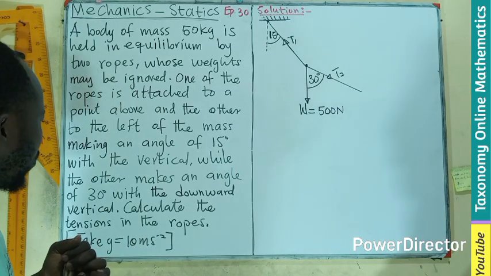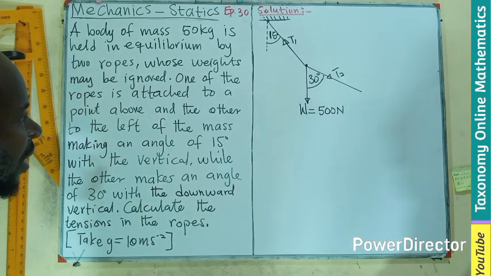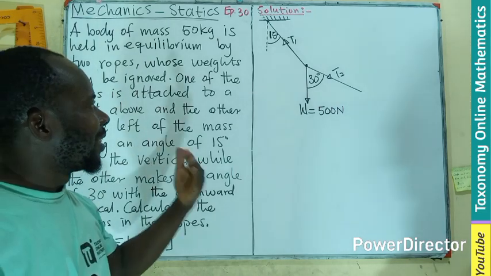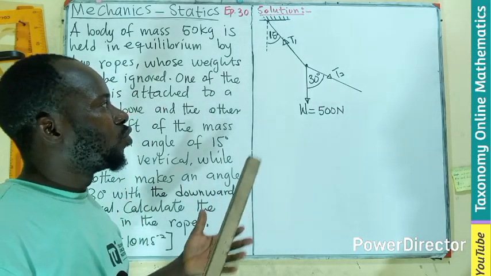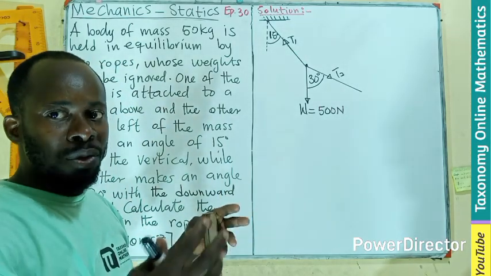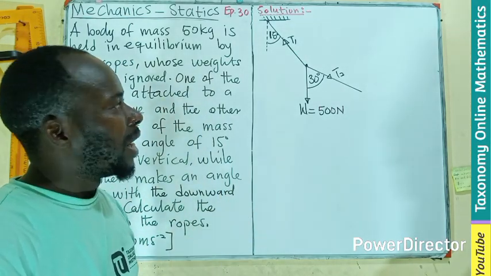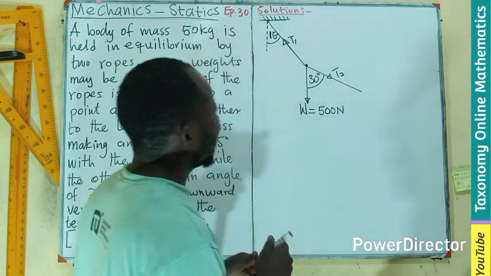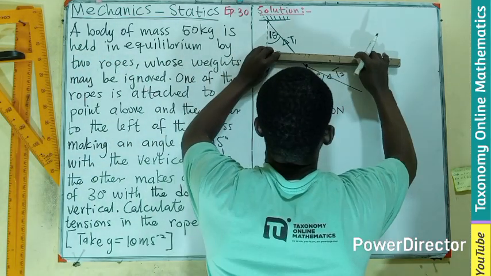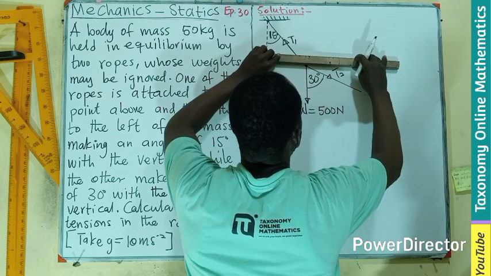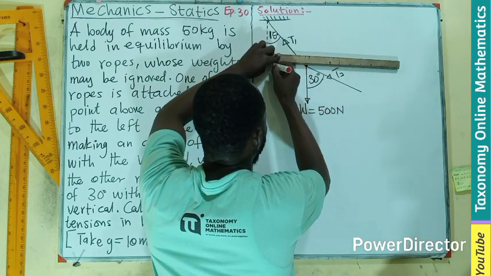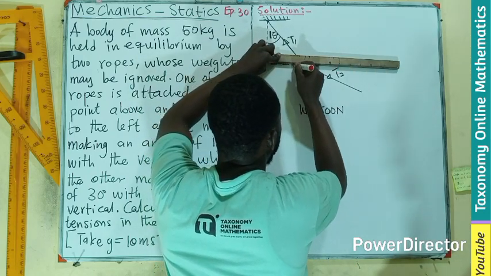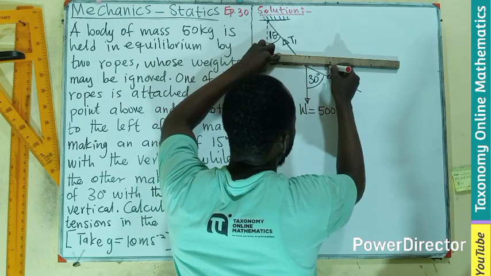I think these are the two pieces of information provided in the question, but we can extend this further to be able to resolve it either using the vector approach or using Lami's. What can I do? Let's introduce a horizontal here, parallel to the surface on which the first rope is attached.